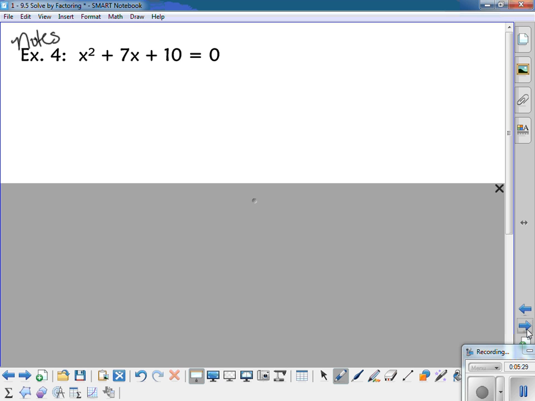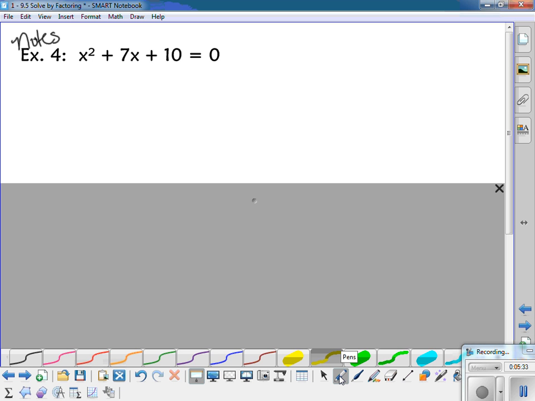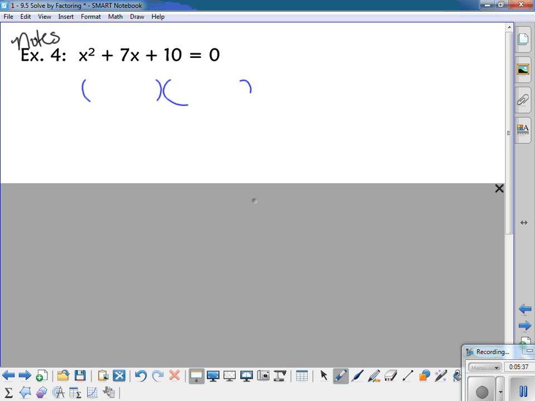Okay, so I've got x squared plus 7x plus 10 equals 0. So again, I'm going to factor it. How do I get my x squared? X and x. And how can I get 10? 5 and 2. And what do I know about the signs? They're all positive, yeah. And of course, you can always go back and check it if you want to.